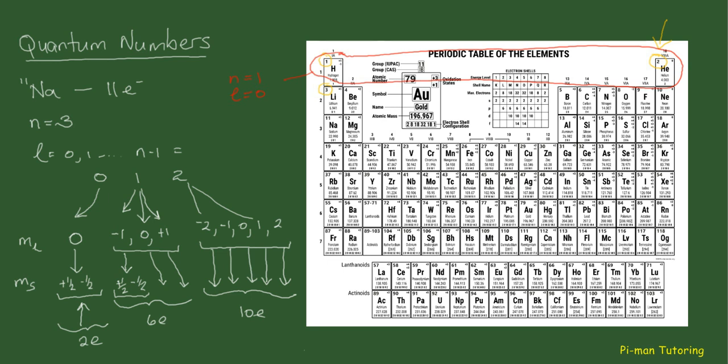If we go to the second period, however, and we look across, now our n is equal to 2. Our L values can be 0 or 1. Our ML values can be 0, -1, 0, +1.